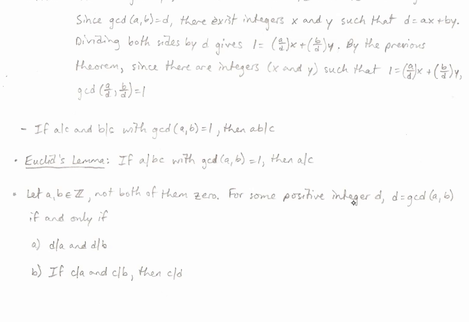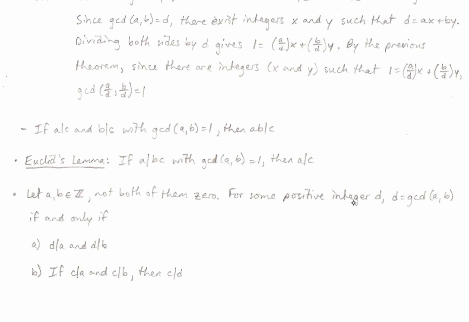The GCD is that thing if and only if d divides a and d divides b, as well as if c divides a and c divides b, then c divides d. Earlier, we said that c would have to be less than or equal to d, but now we're also adding that c divides d. So that's the one little extra piece of knowledge that we know.